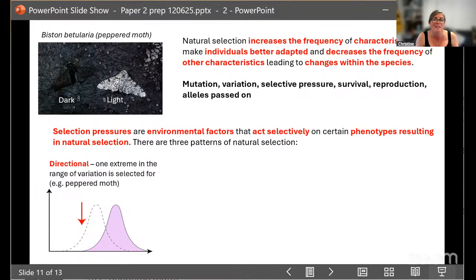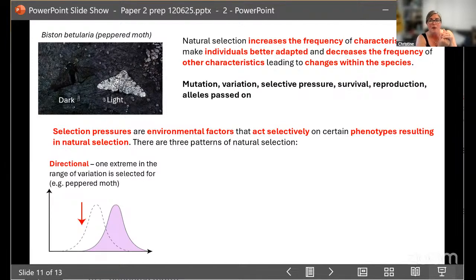So it really depends on the example that they give you as to what they may actually ask. But there are three patterns you need to know about when it comes to selective pressure. They're going to be either directional. The peppered moth is a really nice example, because the Industrial Revolution kicked up a whole load of particulates. The dark trees now mean the dark peppered moth is going to be camouflaged. What are we talking about there?